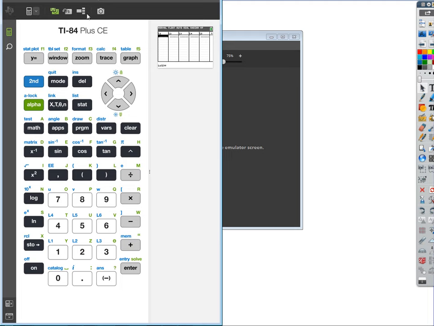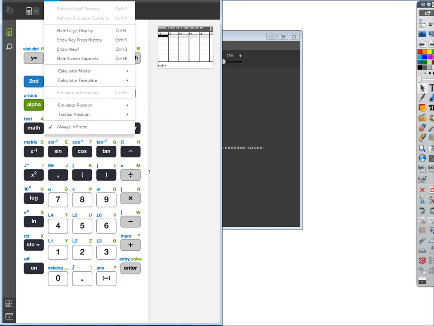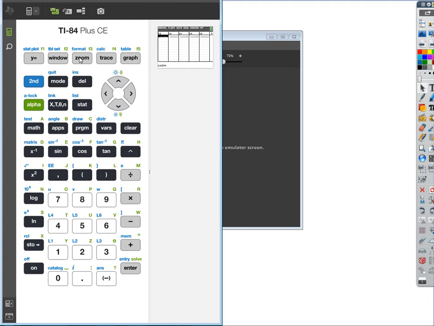Okay, how do I get rid of that on here? I just want to get rid of this, and it's a little different than it was last year. Hide screen captures right there, I think. How do I do this? I just want to get rid of this little sidebar here. Don't you need the sidebar to see the calculator screen? Well, we will shortly, so I'll leave it. But I'd just like to know, what's this right here?